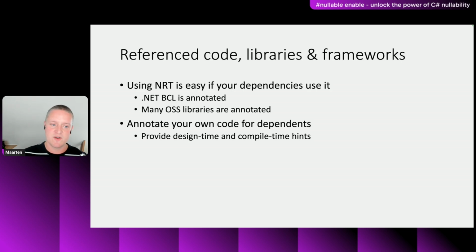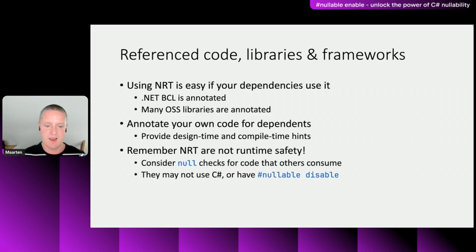Ideally, your entire code base, but typically the public API surface is enough to at least help whoever is consuming the libraries that you're writing. And again, remember, nullable reference types are not runtime safety. So if you are shipping a library, yes, you want to annotate it because you want to make sure that people get the right hints when consuming things and writing code and working in the IDE and so on.